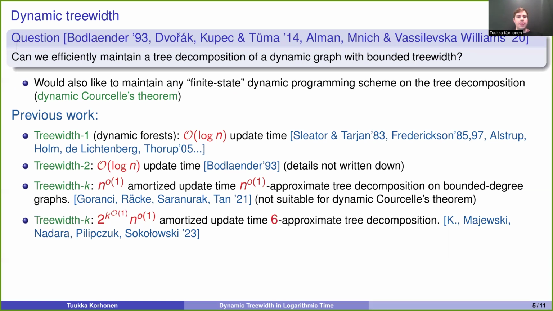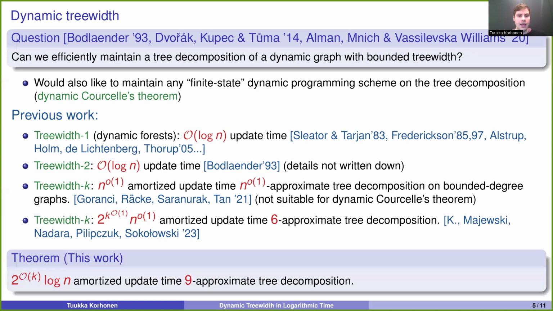But of course, this leaves the question of can we improve the running time? So ideally it could match dynamic forest to be logarithmic, and this is exactly what I do in this work. In this work, I give a dynamic tree decomposition data structure that maintains a 9-approximate tree decomposition with logarithmic amortized update time for fixed k, and also the dependency on k is better than in this previous work.